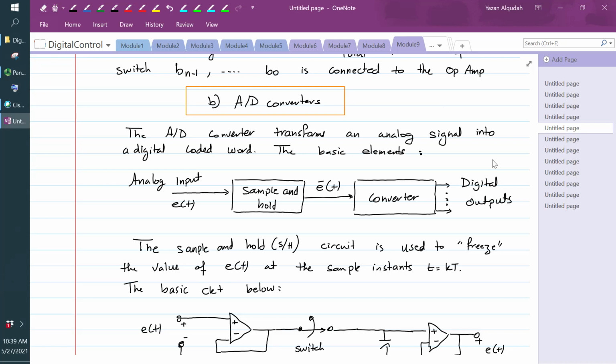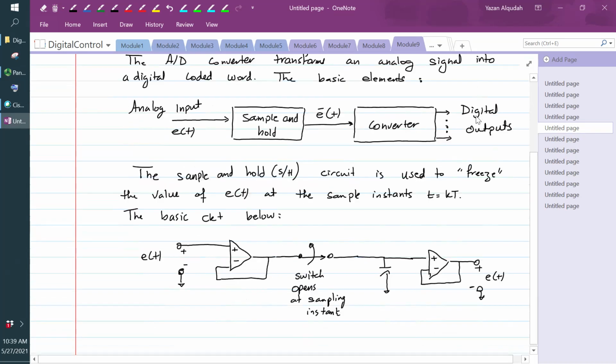If I look at the block diagram for the analog to digital converter, I'm going to have a sample and hold, and then I'm going to have a converter. The sample and hold is not the zero order hold we talked about before. This is just a sample and hold, and we'll see how it works in a second.